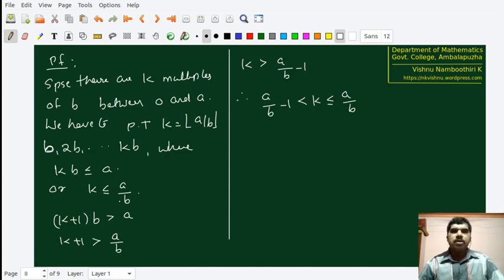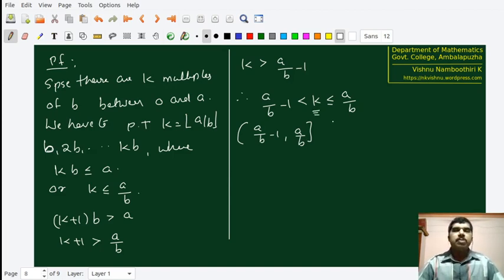Just notice that the interval a by b minus 1 to a by b has length 1. So this interval can contain at most one integer, and that integer we have already located, that is k.